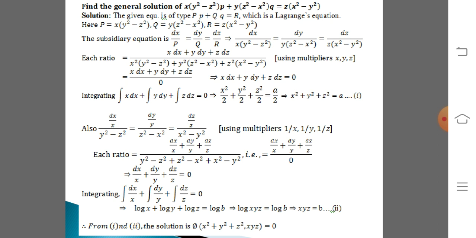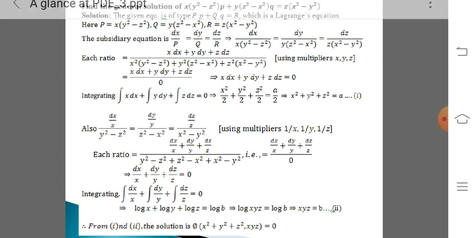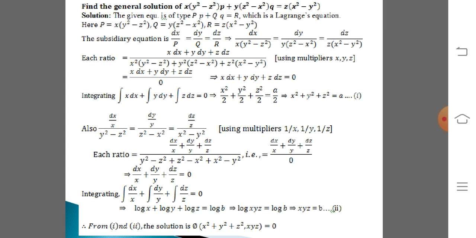Then each ratio in the auxiliary equation is equal to (x dx + y dy + z dz)/(x²(y² − z²) + y²(z² − x²) + z²(x² − y²)). And if you simplify the denominator, you get 0.